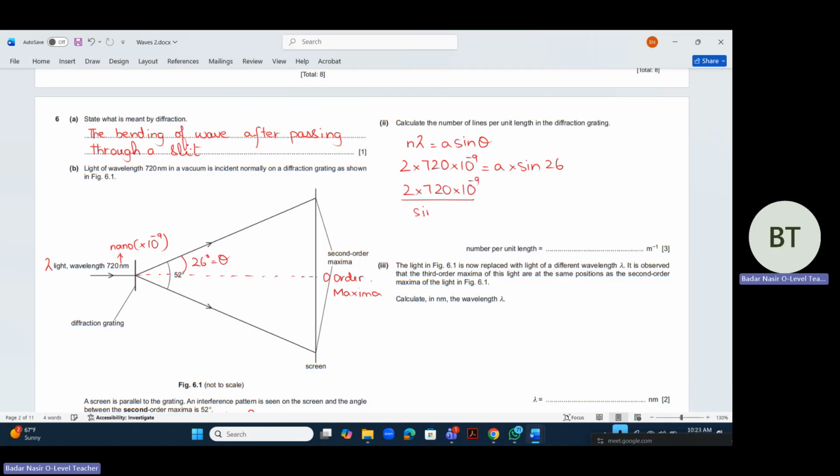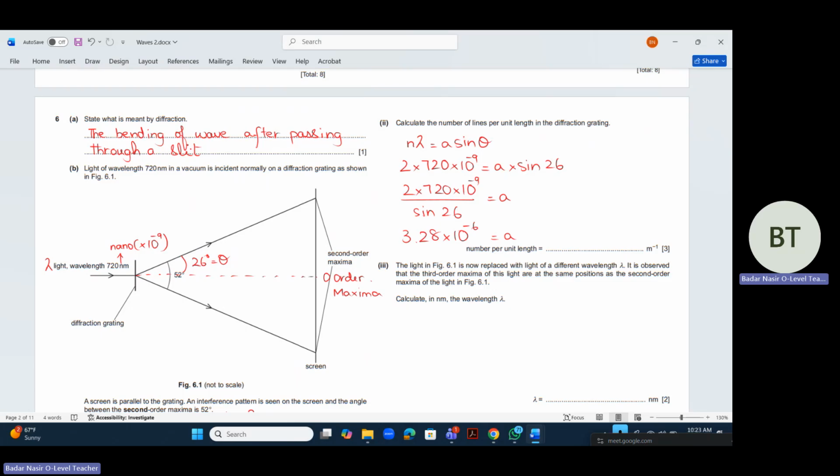Put the whole expression on calculator and tell me what is the value of A that we get. 3.28 multiplied by 10 की power minus 6. ठीक है? Okay, so we have the slit separation.